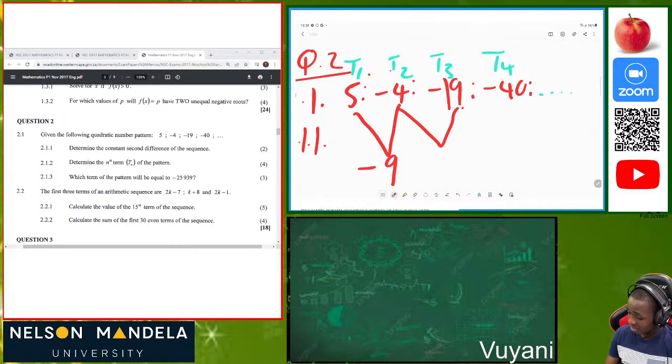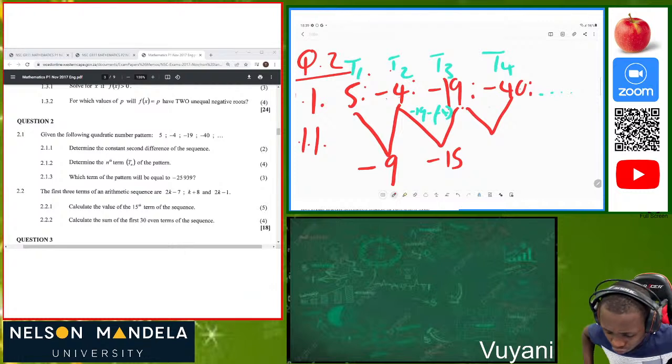Don't forget this negative, it's important. -19 minus 4, we get -15. Then we come here again, -40 minus 19.